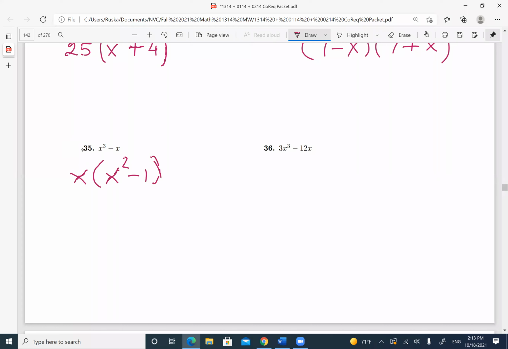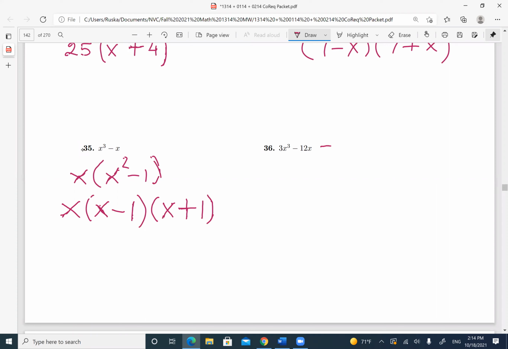And then you do the binomials. So it's going to be x in front, and then x minus 1 and x plus 1. Okay, that's my answer. The next one is the same way.